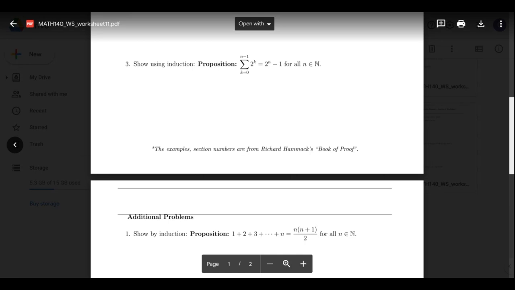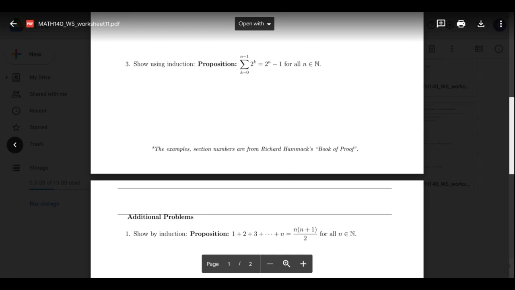Then to show P of n plus 1 case, you need to write down the second to the last line as equals to 2 raised to n plus 1 minus 1.